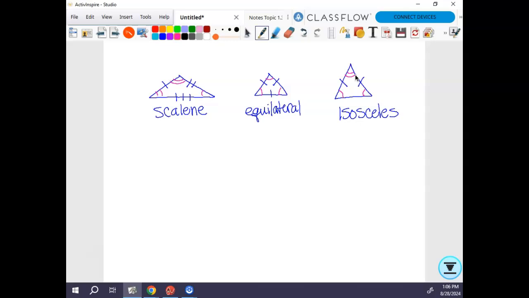Okay? In a triangle, we have 3 sides, we have 3 angles, we have 3 vertices, right? We know that's where the line segments come together. And so in these first 2, the vertices are just vertices. But this right here, in isosceles, this is called the vertex, like not just a vertex, it's the vertex of the triangle itself, which means this is the vertex angle.